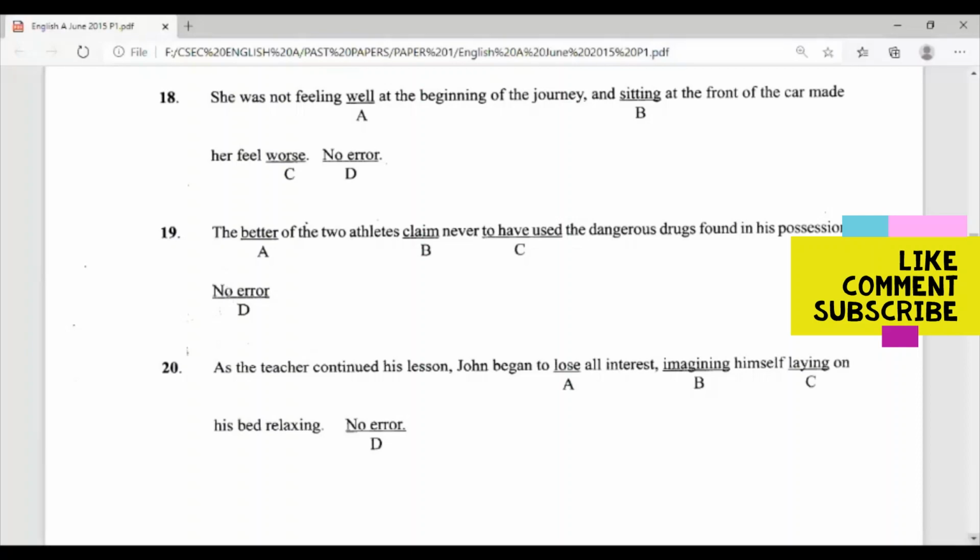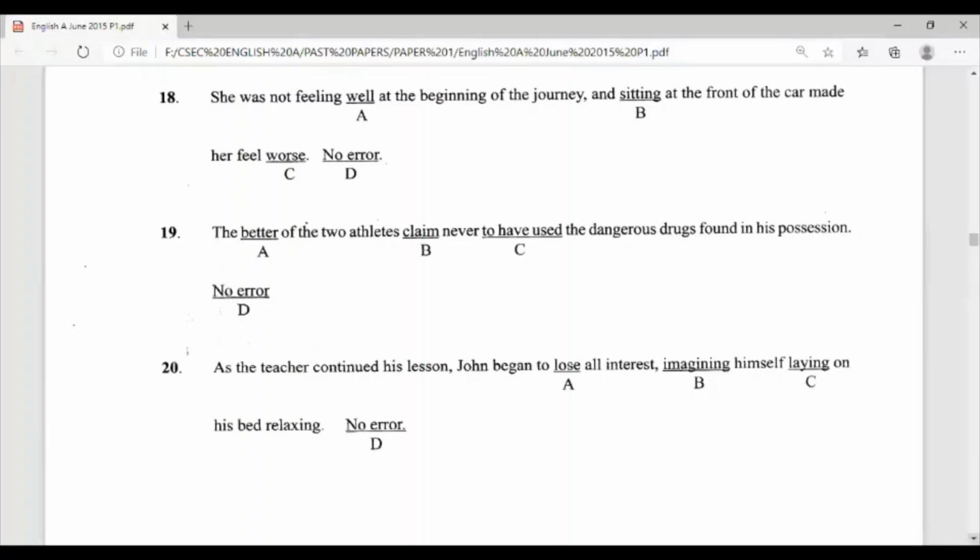The better of the two, so one of them, the better of the two, claim, this is where we have a problem because technically we're saying one athlete claims. Our verb needs to match. So even though you see athletes before the word claim, the claim is really going for one because the better of the two, meaning one, claims.